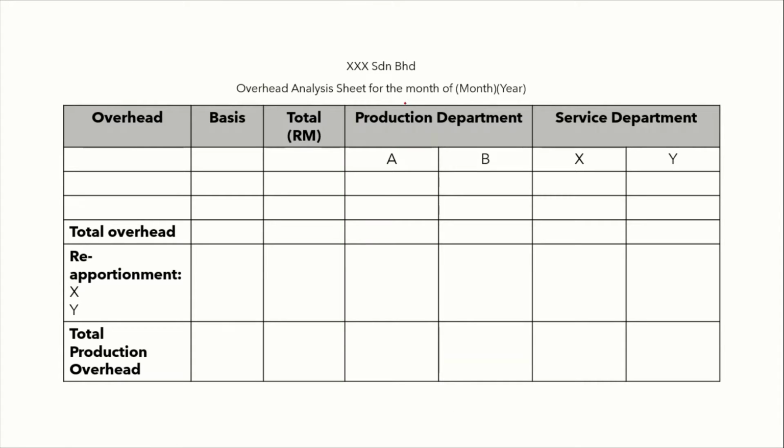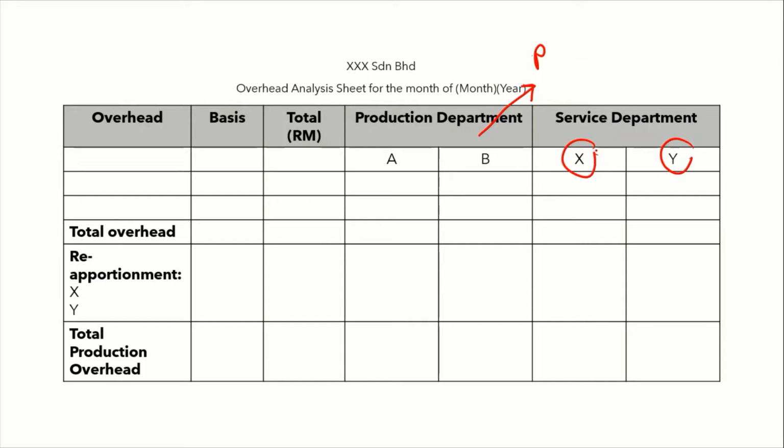This is the overhead analysis sheet as I showed you in the video and also in our slide. You have to use this sheet to calculate your overhead. Every part of this format has been separated based on its needs. You put the production departments here. The service departments will be put under X and Y depending on the question.